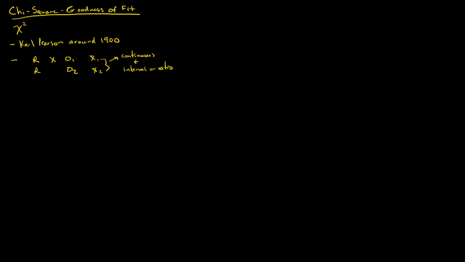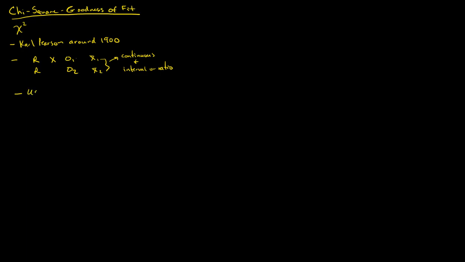But everything we've done in inferential statistics up to this point has been using these continuous types of variables. And now what happens if you have nominal data? Can you still infer something from a nominal variable in a sample and infer it to the population? The answer is yes, you can, and one of the ways to do it is with a chi-square goodness of fit test.